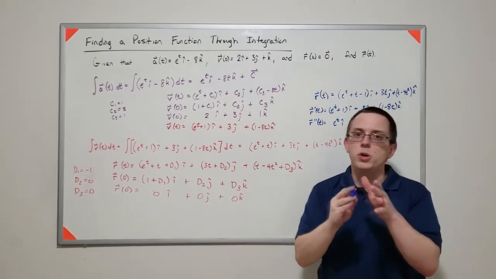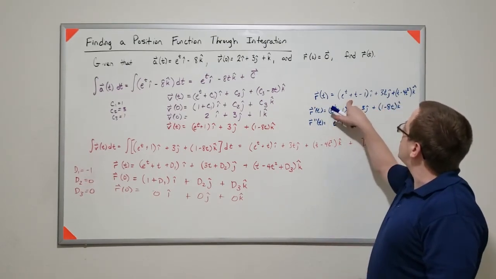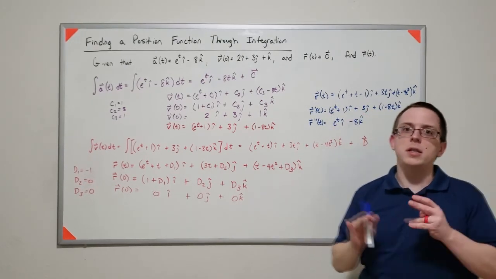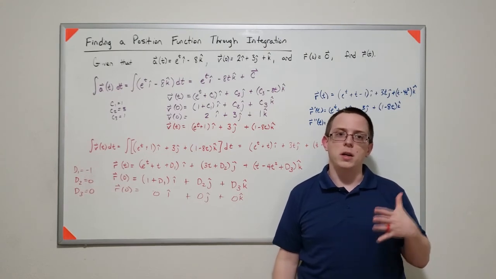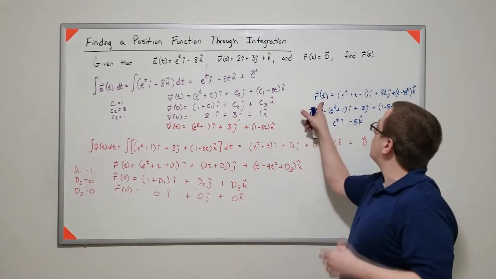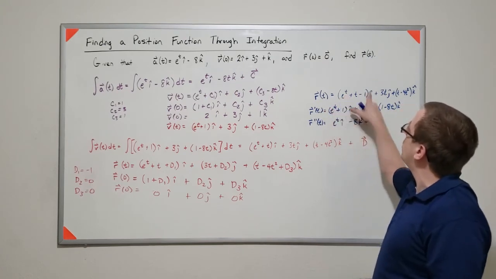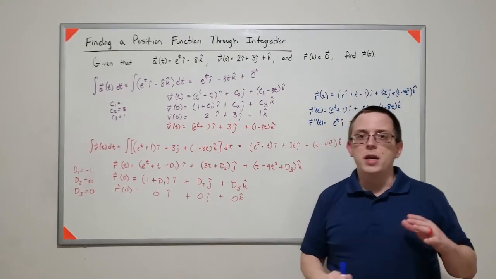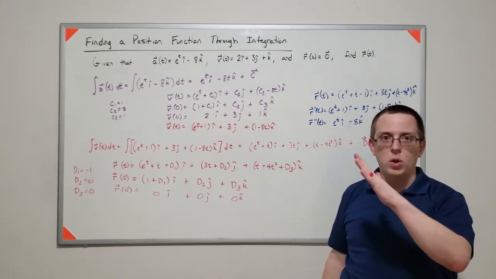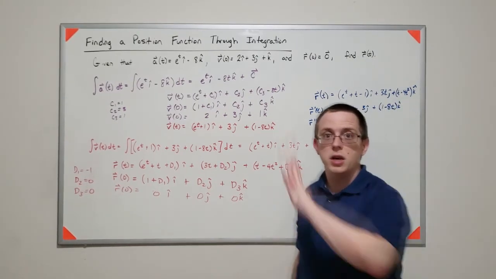So let's talk about the intuition here for a minute. This says that in the I direction, e to the t plus t minus 1 is our position. Now, when t is equal to 0, this whole thing zeroes out. But notice as t goes to infinity, t gets pretty large. Obviously, it goes to infinity, but e to the t goes really quickly.